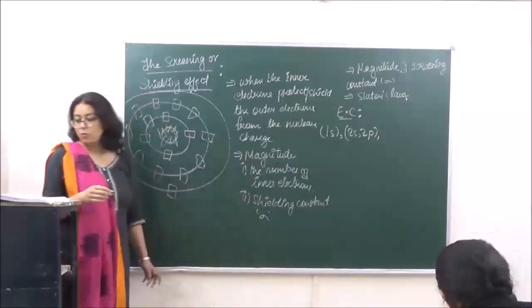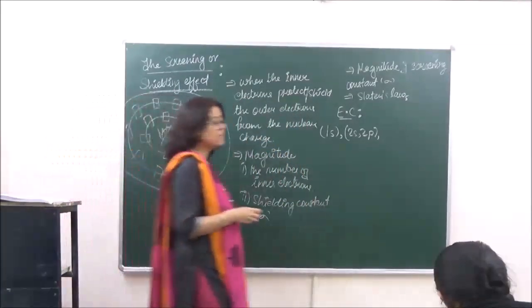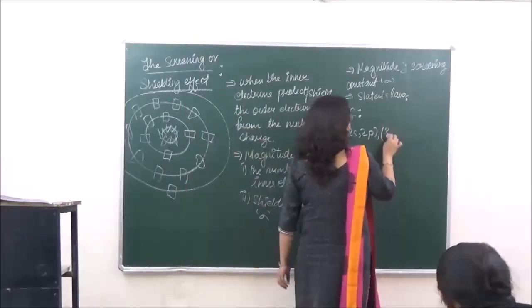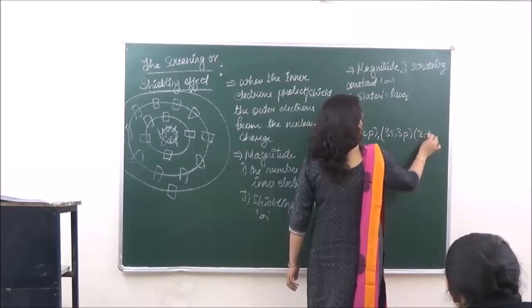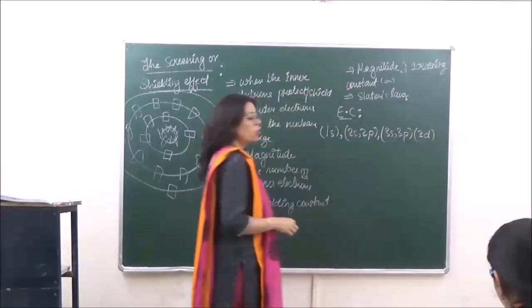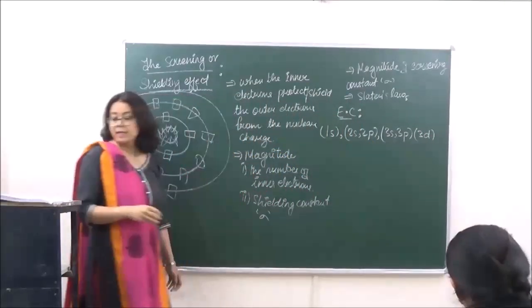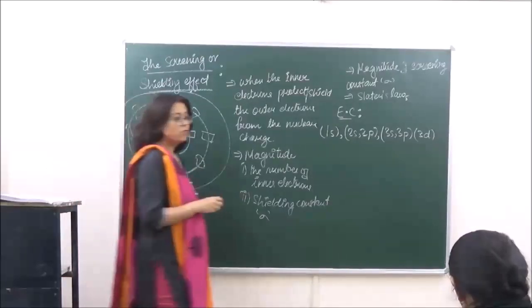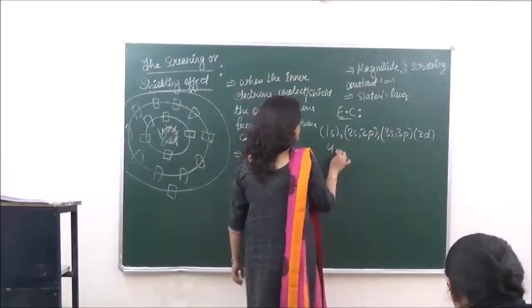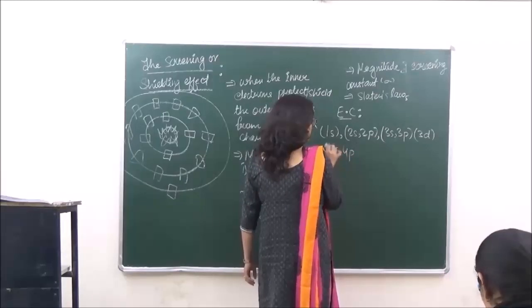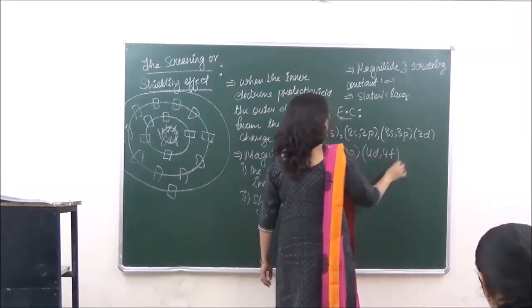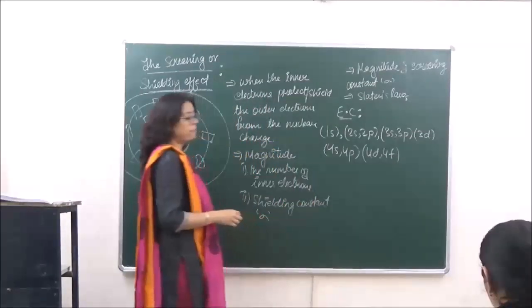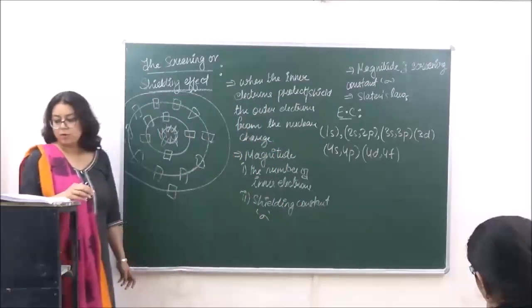Then in the third group we are going to have 3s and 3p. Then 3d, that is going to be alone, right? Then after 3d we have 4s and 4p, and they are kept in the same group.